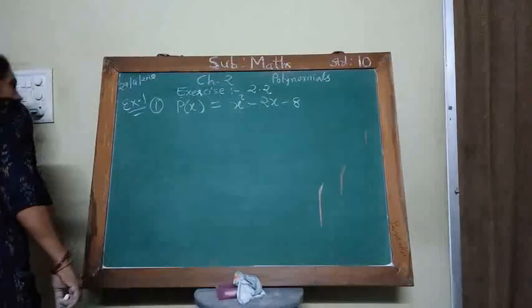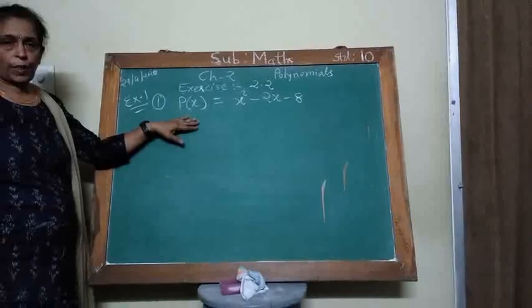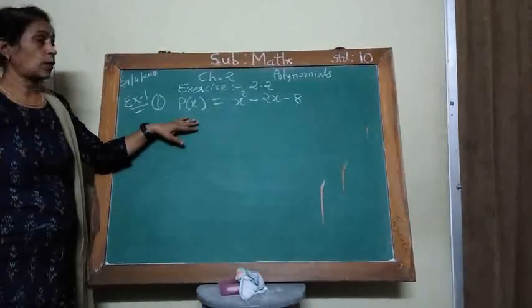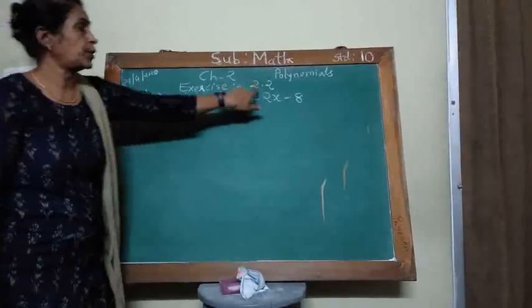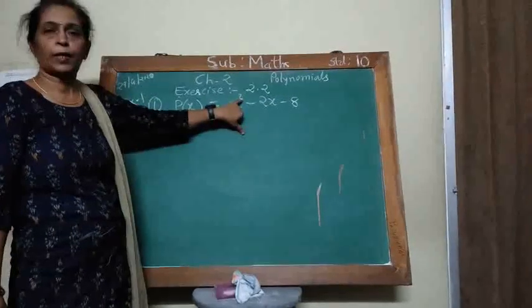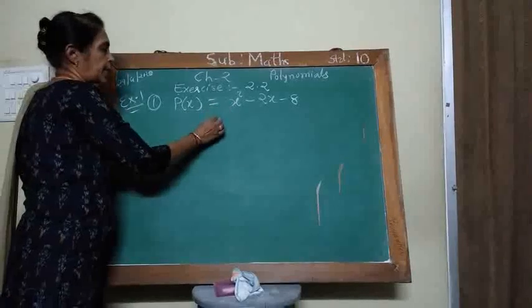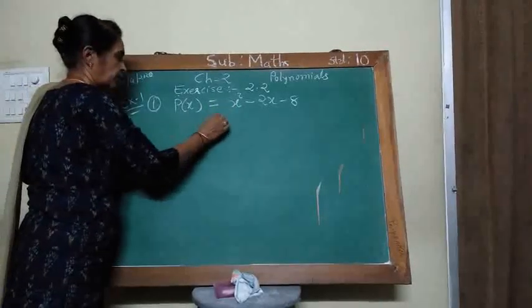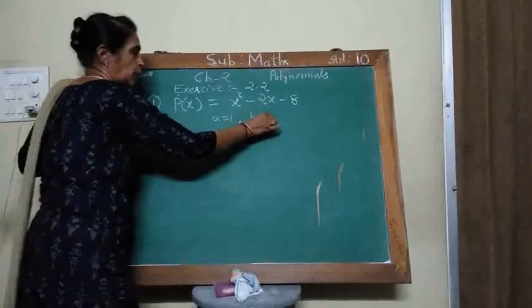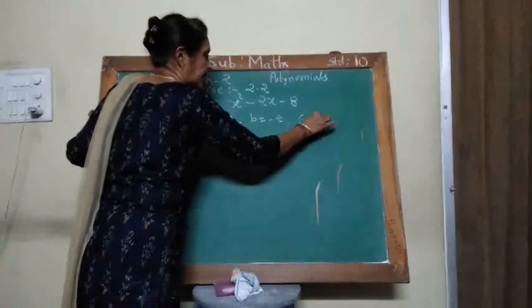The question is, find the zeros of this polynomial and verify the relation of zeros with coefficients of the polynomial. This is a quadratic polynomial because it has degree 2. Coefficient a is 1, b is minus 2, and c is minus 8.